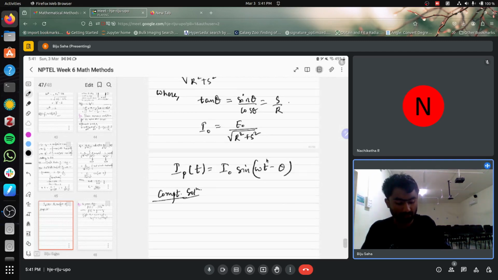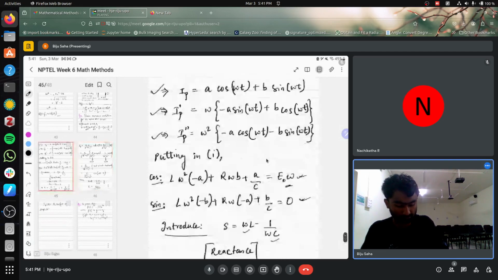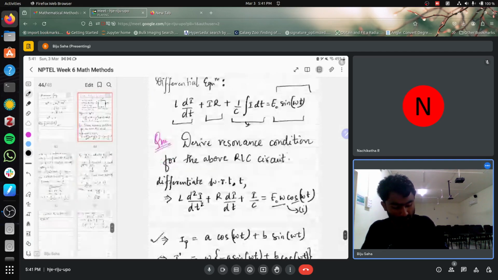The complementary solution is obtained with these terms set equal to 0.